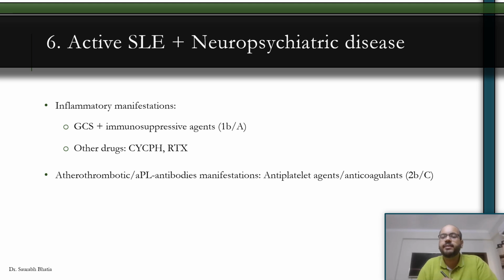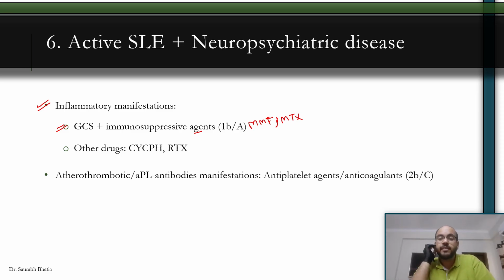The sixth recommendation is when you have active SLE along with neuropsychiatric disease. So if you have active SLE and it's very inflammatory, you give glucocorticosteroids along with immunosuppressive agents like mycophenolate mofetil or methotrexate. Remember, these drugs are slow acting. Methotrexate is a fast acting drug, takes about 1 or 2 weeks.